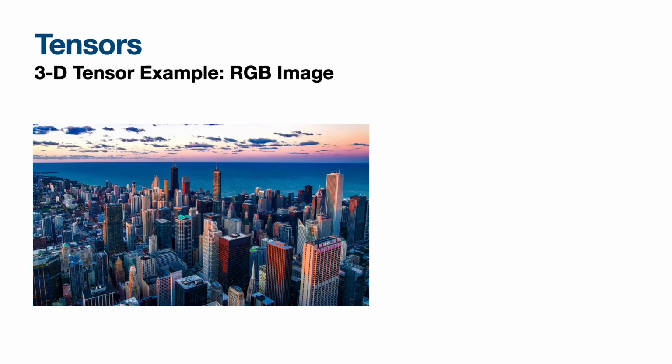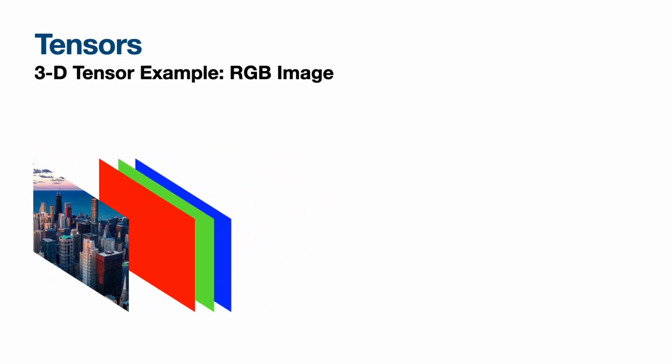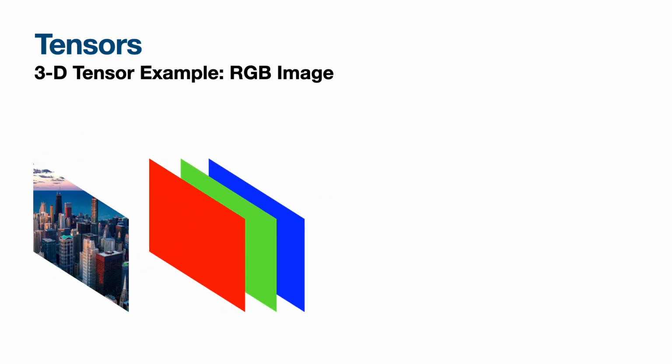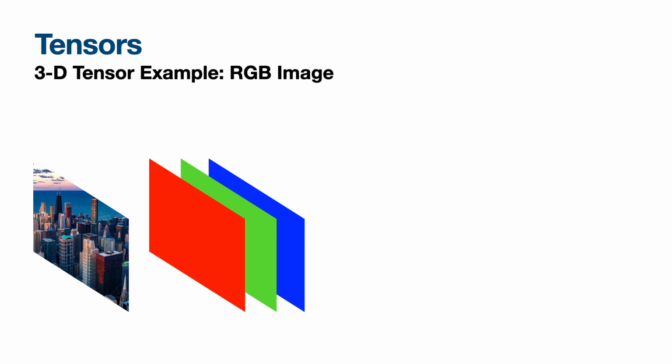As we have seen, we can represent an RGB image as a 3D tensor, where the last axis defines the color channel. So, the order we access a color intensity value is by row, column, and channel. Since we accessed the color channel last, we call this representation channel last. We can also access the same point in the 3D space by selecting the channel first and then row and column.